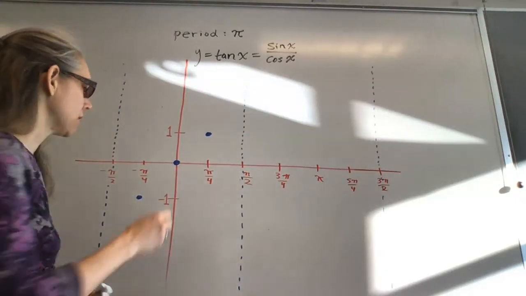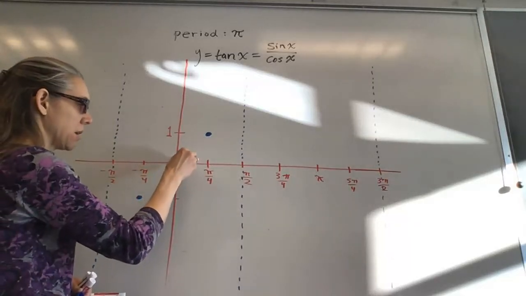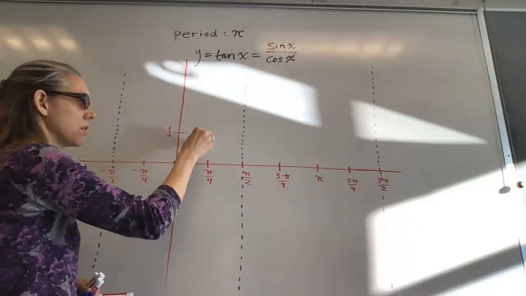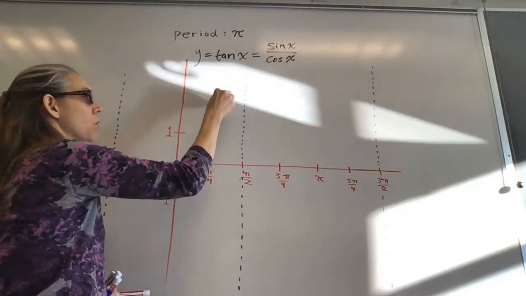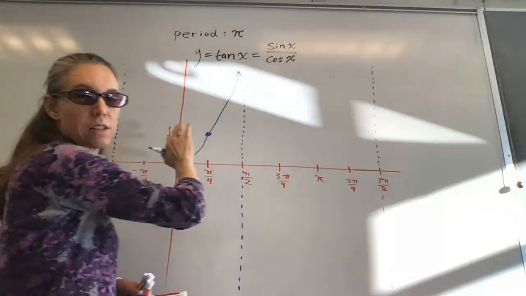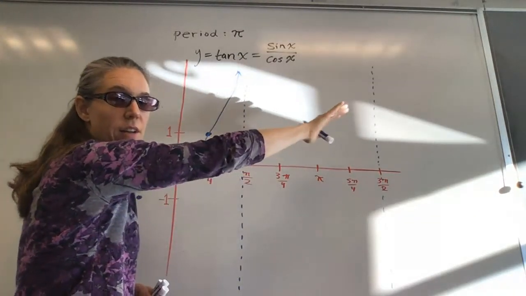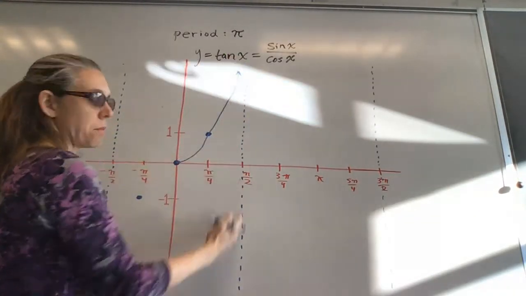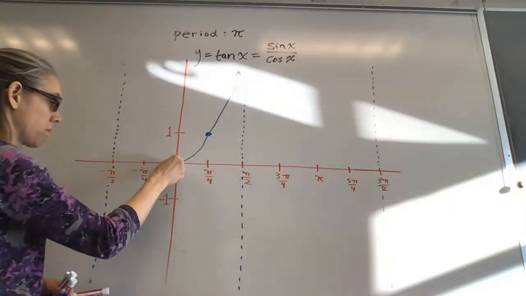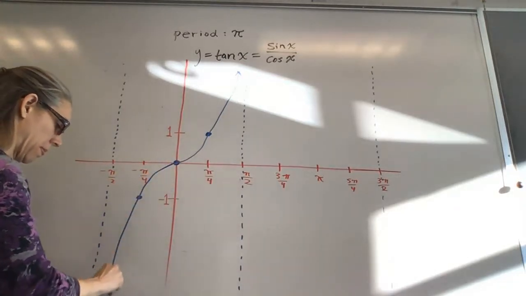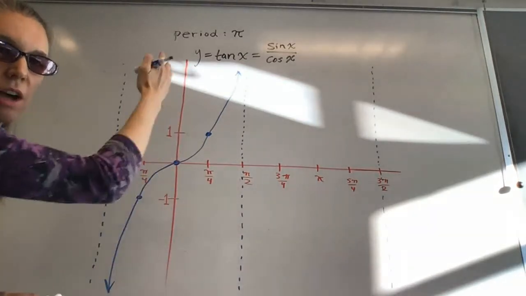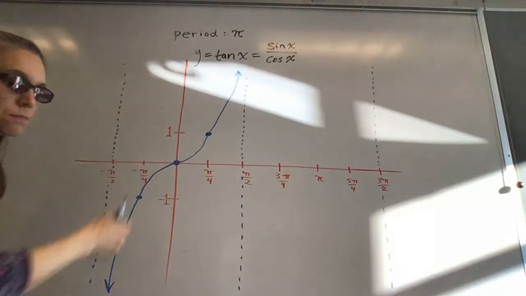And the shape is a little bit like x cubed, except whereas x cubed will continue to the right forever, this will be bounded by an asymptote. But it should remind you a lot of the x cubed graph.